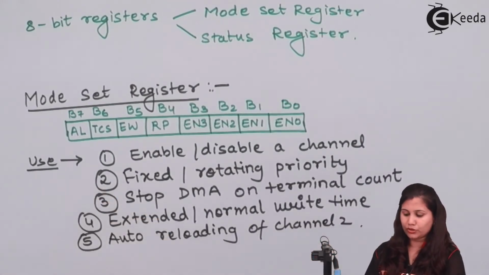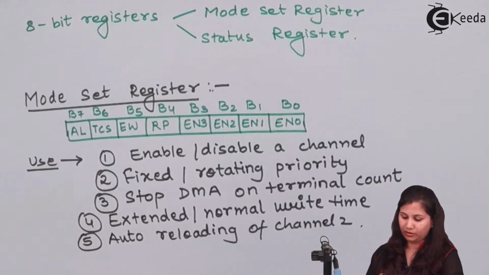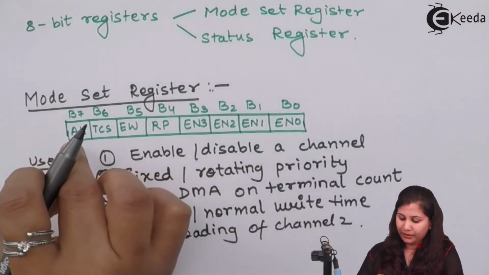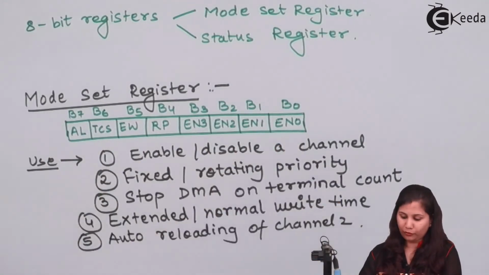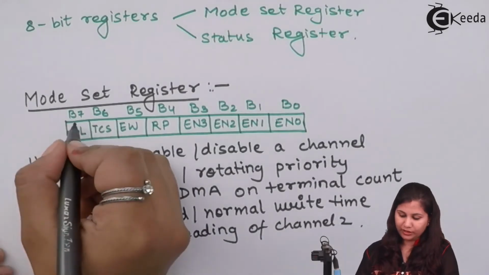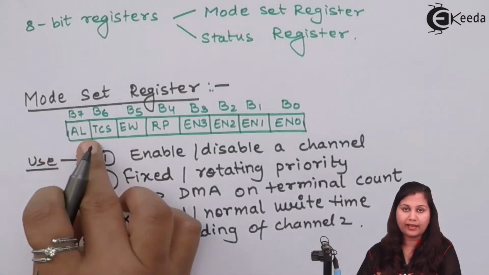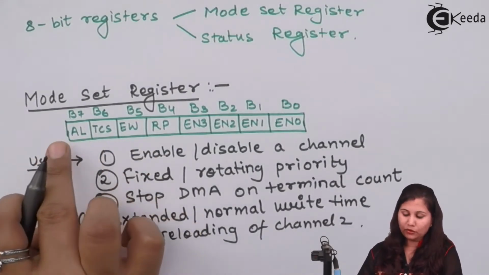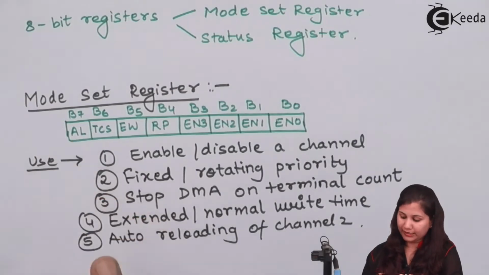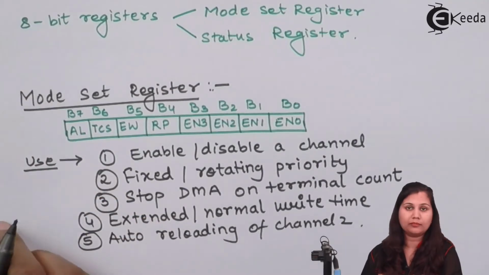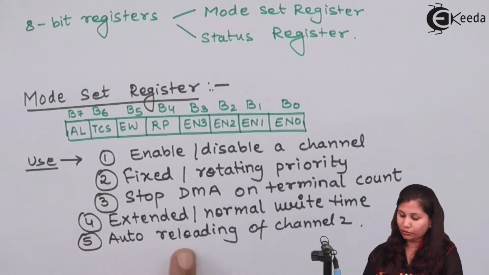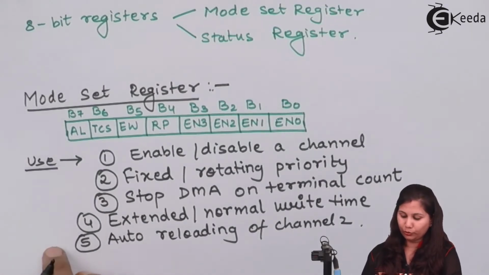So these are the uses of this mode set register. Now let's see the description of all these bits. First we have bit 7, which is AL. Its full form is auto reloading. So it describes the 5th use of the mode set register, which is auto reloading of channel 2.